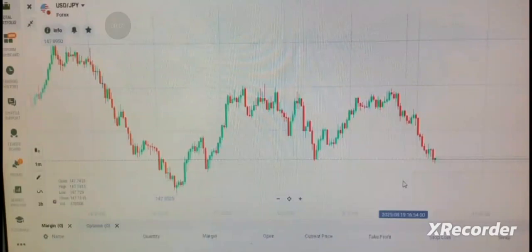Okay, so in respect to this chart, you sent this screenshot. There is a concept called supply and demand.